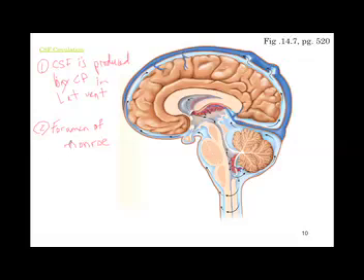The interventricular foramina. This is what we call an eponym, named after somebody. Same thing. So it leads via the interventricular foramina, or the foramen of Monroe, to the third ventricle.